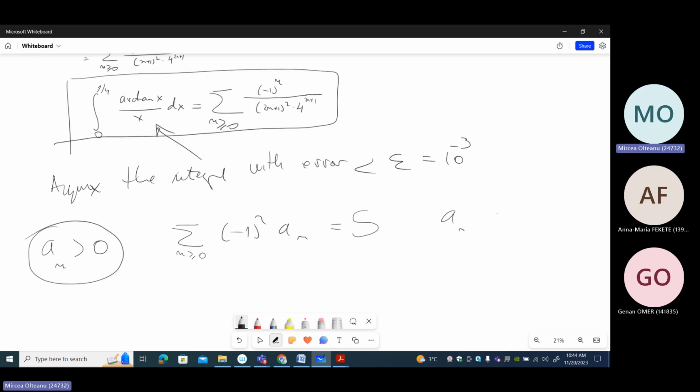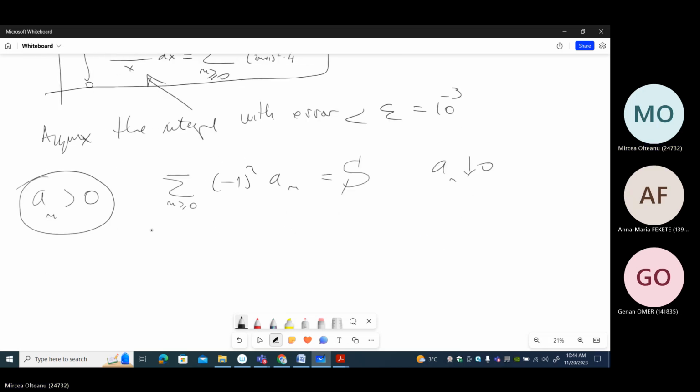We know that an is decreasing to 0. So if S is the real sum, I mean the exact sum, the error we make if we replace S by the sum from 0 to n of minus 1 to the k, ak, minus S, this is the error we are making if we want to approximate the sum with a sum until n. This is less than an plus 1.